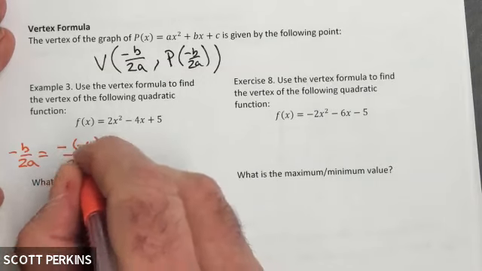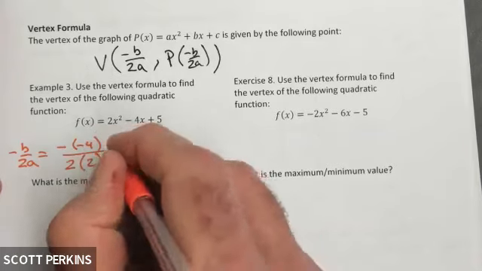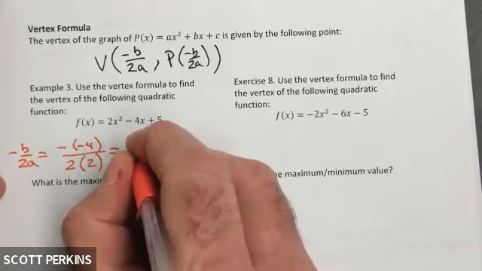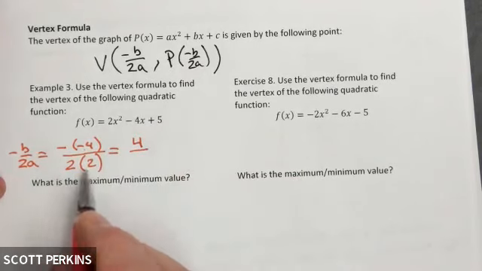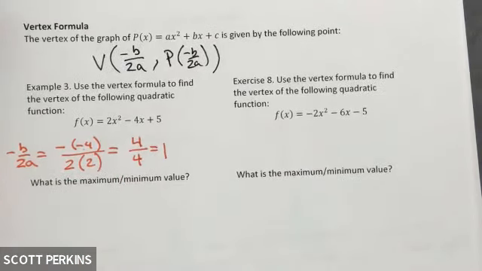So in the bottom, I have 2 times 2. Again, the first 2 is the formula, 2 times a. The second 2 is actually the value of a. So here we go. In the top, negative times negative is +4. In the bottom, 2 times 2 is 4. And so I get that the x-coordinate of the vertex is 1.